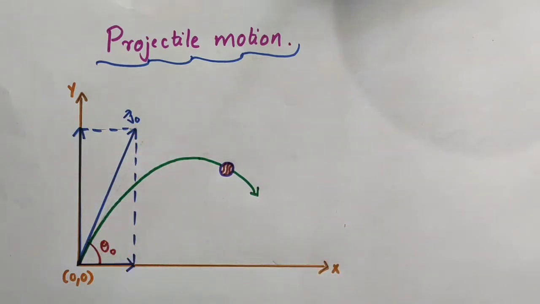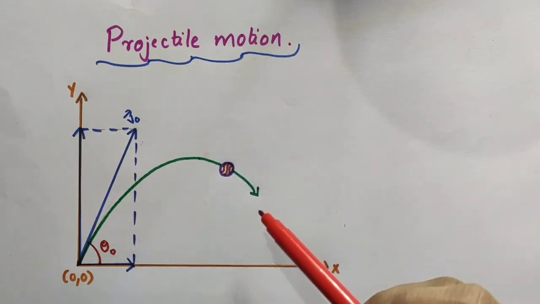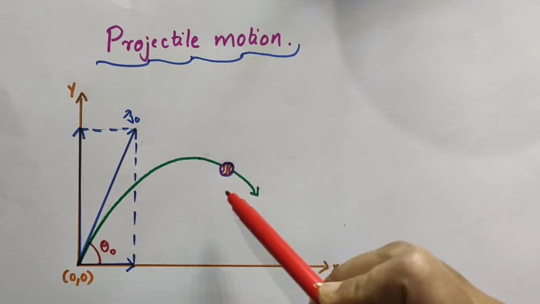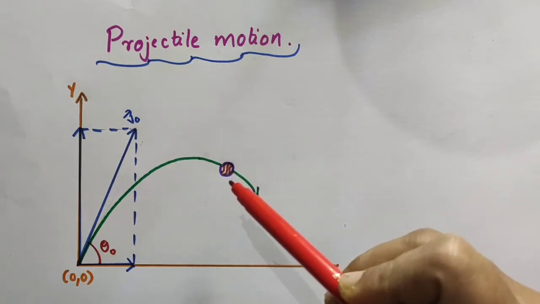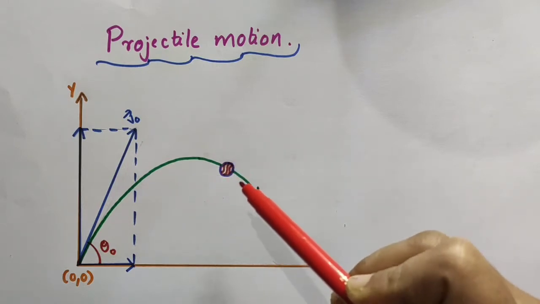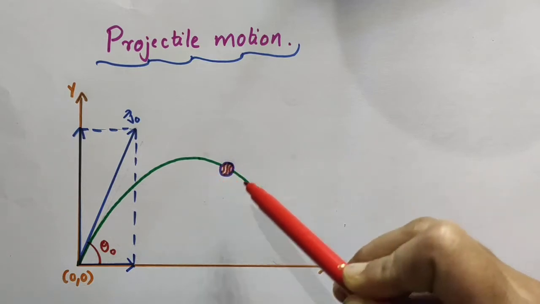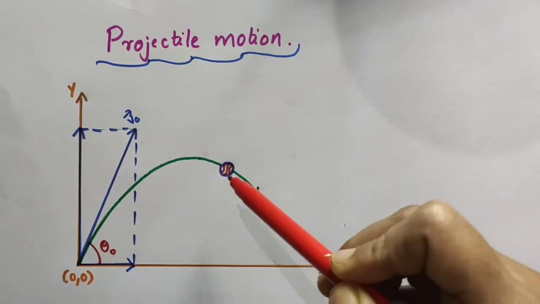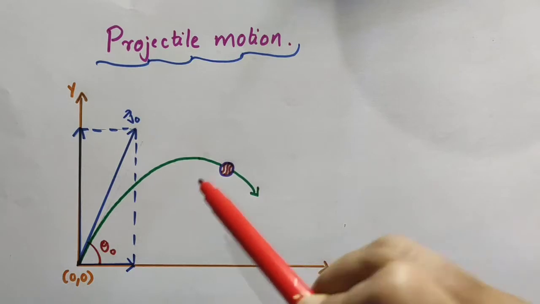Now, once the object has been projected, the acceleration on this object is actually due to gravity. That projectile can be the cricket ball, football, or any other object which is in projectile motion.